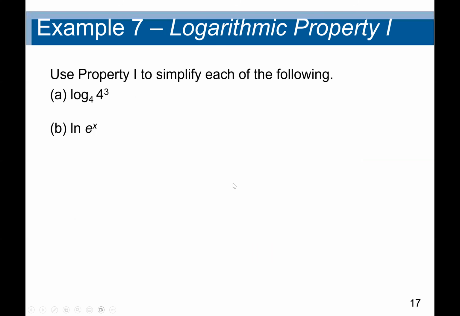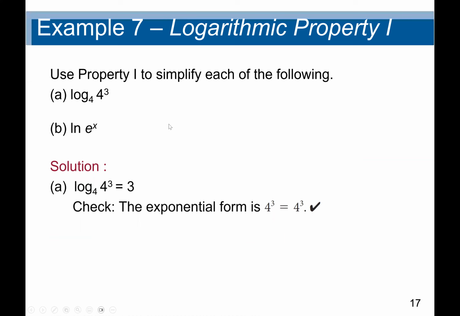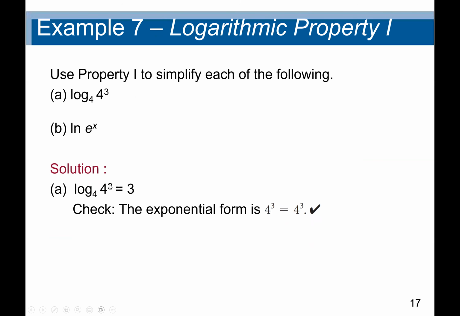Now we are going to use property 1 to simplify each of the following. So here we have log base 4 of 4 to the power 3. This will give us 3. The 4 will cancel the 4 here.